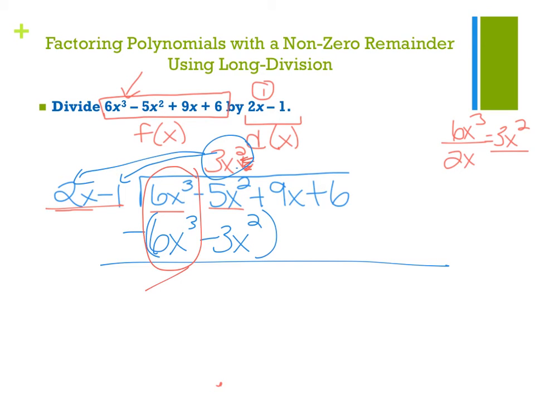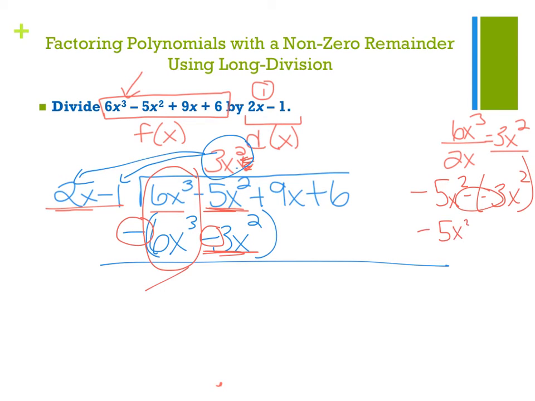And when I subtract negative 5x squared minus a negative 3x squared, since I have a double negative here, minus a negative 3, it's actually going to be adding 3x squared. So right here, this double negative actually means a positive.